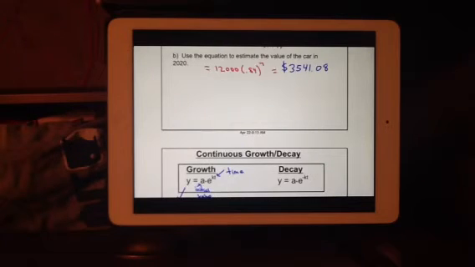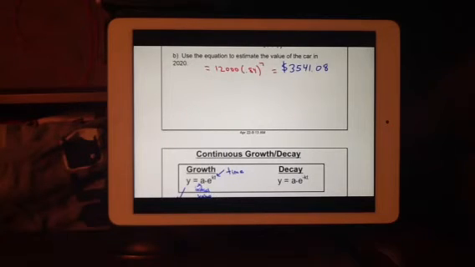With those types of situations, the problems are a little different. The formula is still y equals some initial value a times the natural base e. So a times e to the kt. Again, t is always going to be time, just like it was before. k is the new thing here. That's something we're going to have to actually solve for.